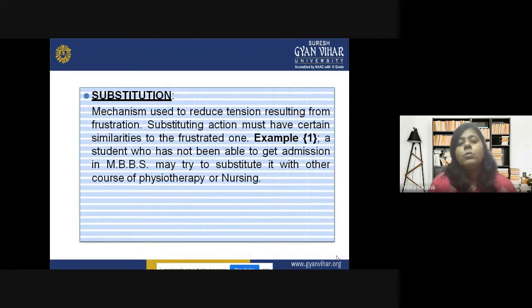Example: a student who is not able to get admission in MBBS may try to substitute it with another course, either physiotherapy or nursing. Now he is reducing his tension by using this mechanism.